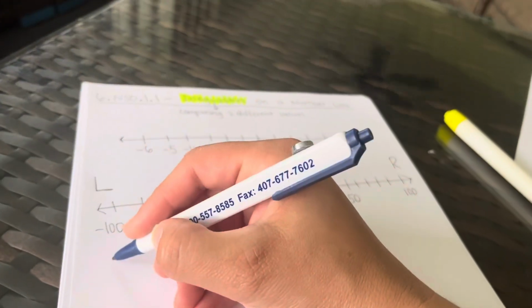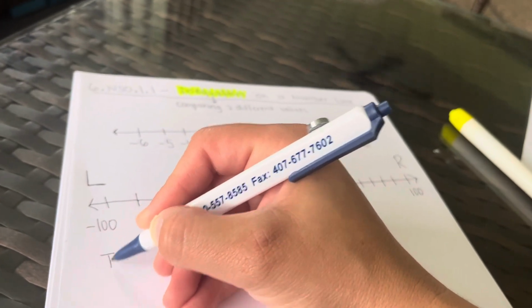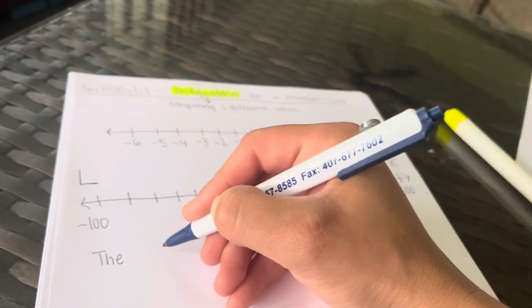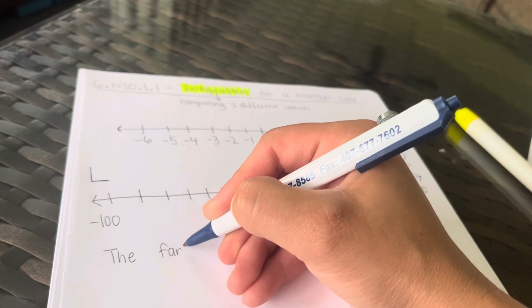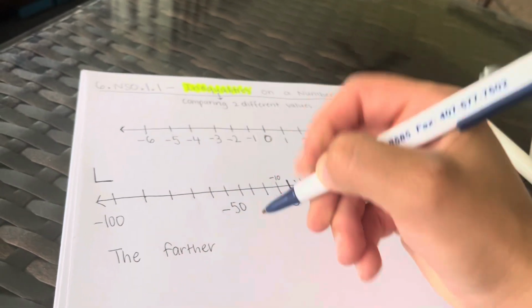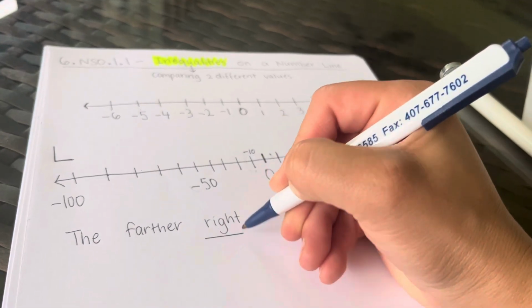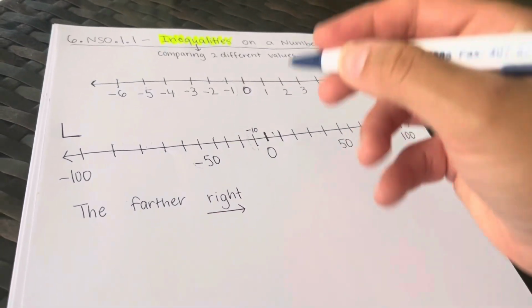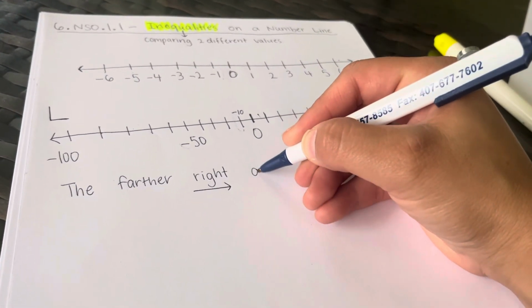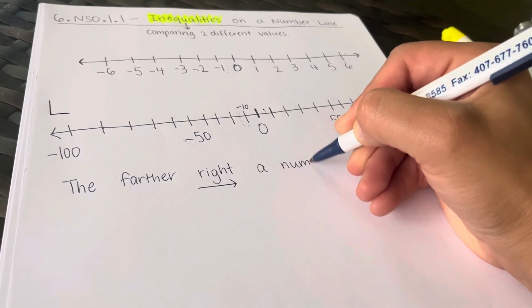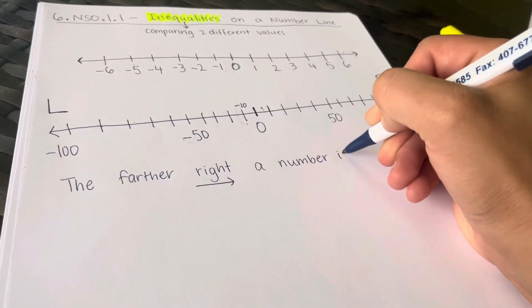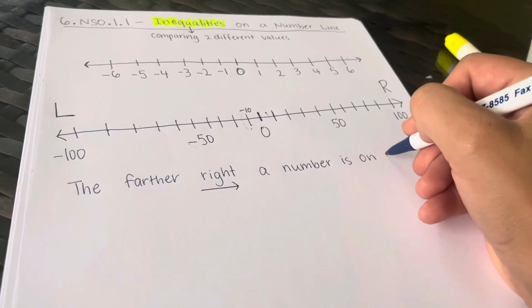I'm going to ask you to give me a sentence that you're going to highlight. I'm going to put the farther right, and underneath right, I'm going to put an arrow that points to the right. A number is on a number line.